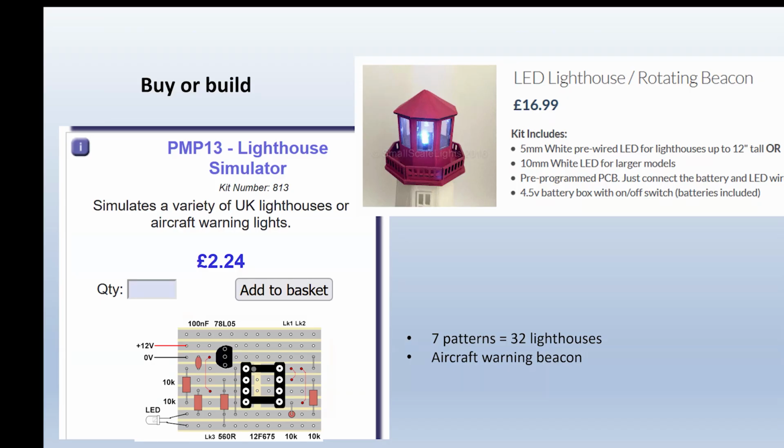And that gives you 32 different UK lighthouses. So it's much more adaptable. And one of the other options is to make it a warning beacon that you get in the top of high flats and top of cranes and so on for aircraft warning.